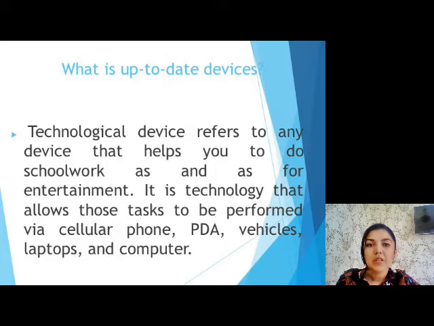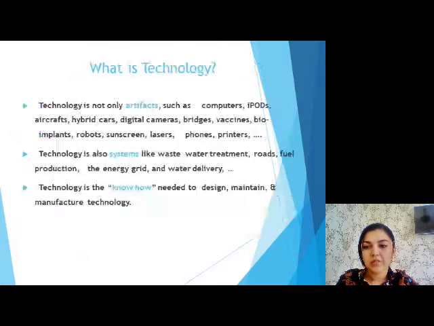What is up-to-date devices? A technological device refers to any device that helps you to do schoolwork and also entertainment. It is technology that allows those tasks to be performed via cellular phones, PDAs, vehicles, laptops, and computers. What is technology?